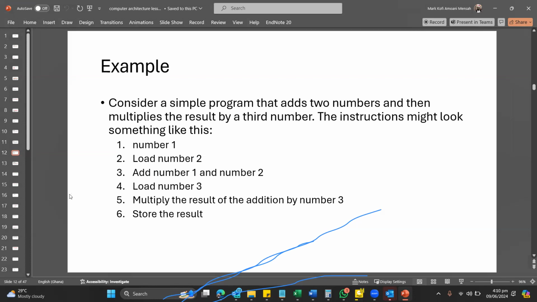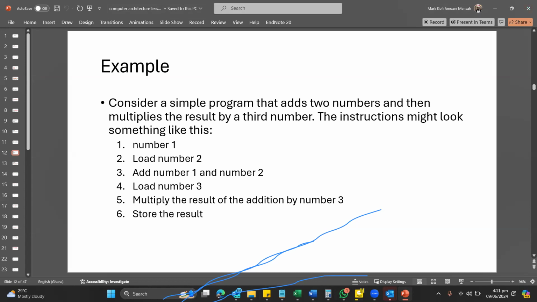Then we load number 3. We multiply the result of the addition of number 1 and number 2 by number 3, and we store the result. Which one of these lines here is the instruction count? That is my question to you. Based on everything I've said so far, which one of these here is the instruction count?